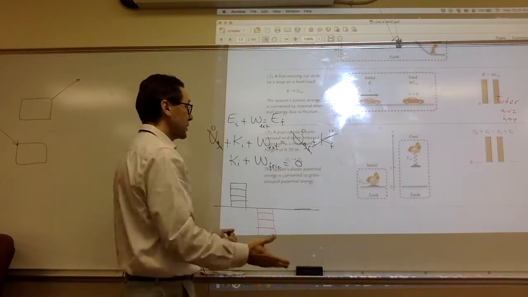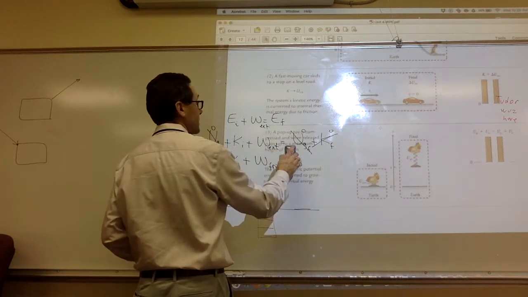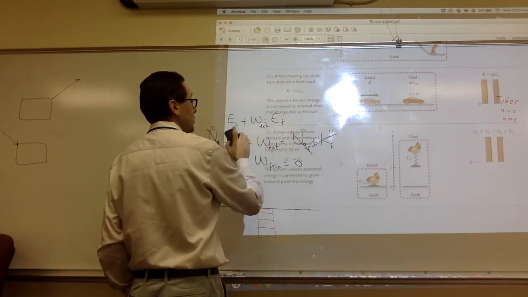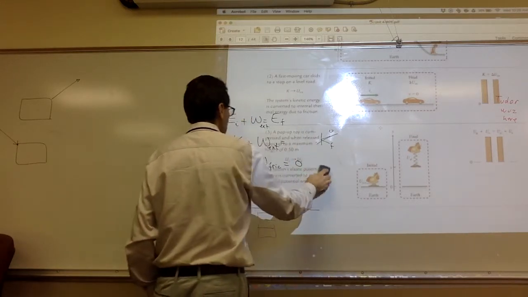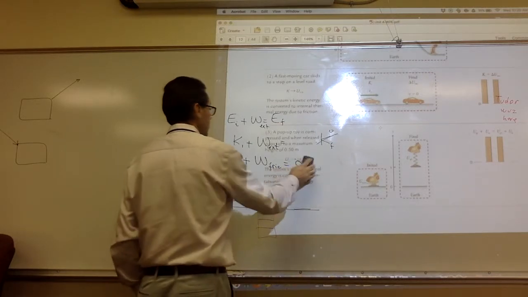There's a lot of ways you can change the internal energy of a system. Now let's try this with Earth as not part of the system. So if Earth is not part of the system, this term should not even be mentioned, and it would look exactly the same.